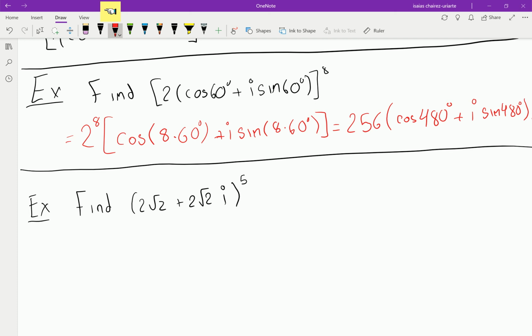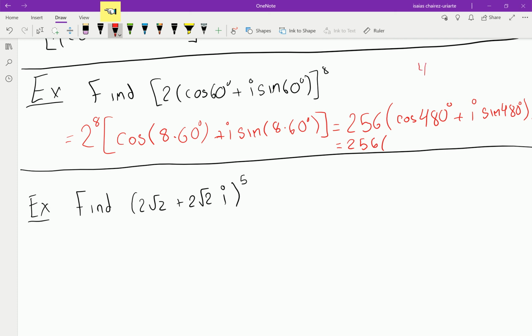I'm going to take it one little step further and write it in rectangular form. So I'm going to figure out what cosine of 480 degrees is. We can use the unit circle for this. Keep in mind that 480 degrees is coterminal to 120.